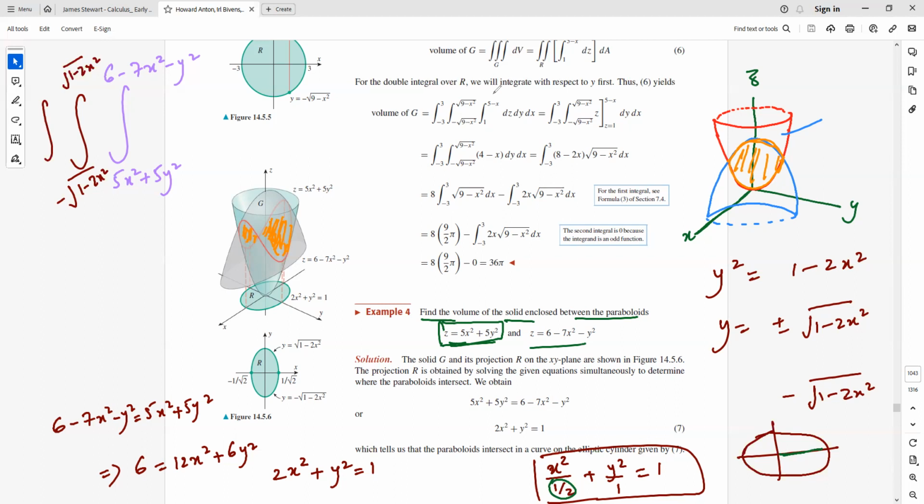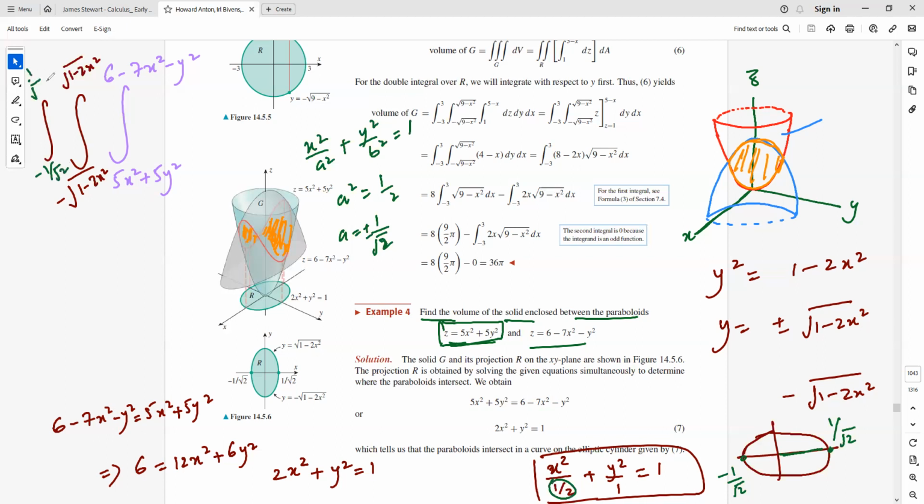Because this is a square. The standard equation of an ellipse centered at the origin is this one. So a squared equals 1 over 2, which means a equals plus or minus 1 over square root of 2. So the limits of x go from negative 1 over root 2 to positive 1 over root 2.